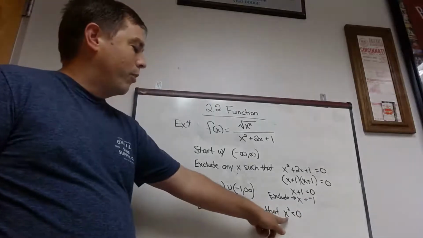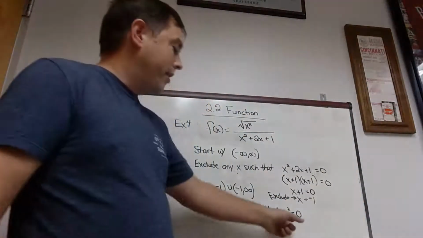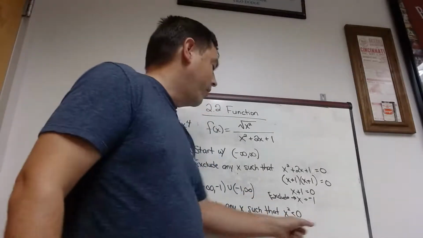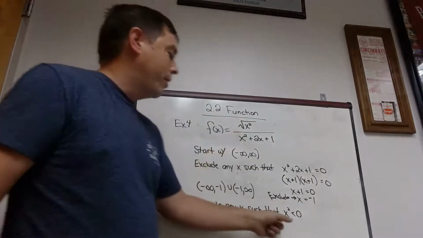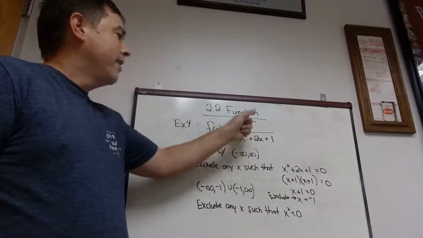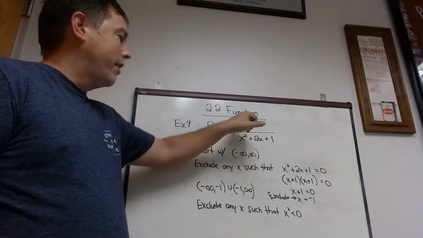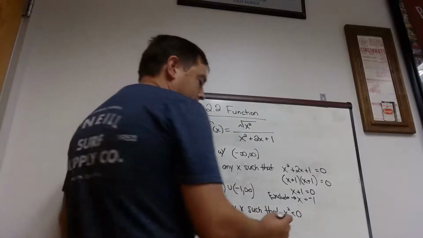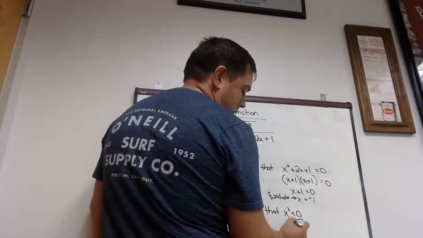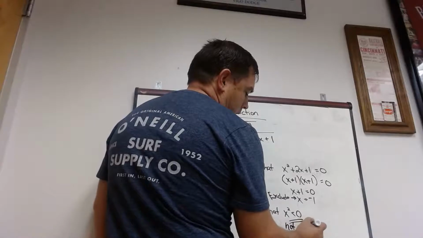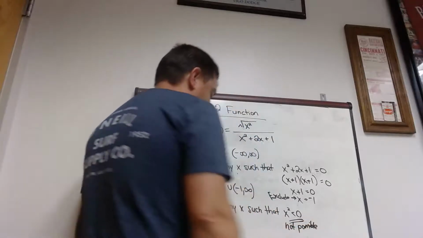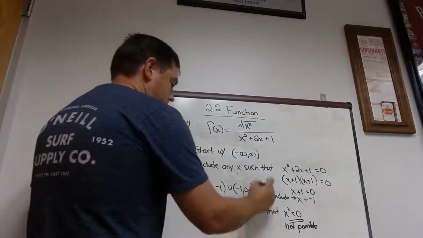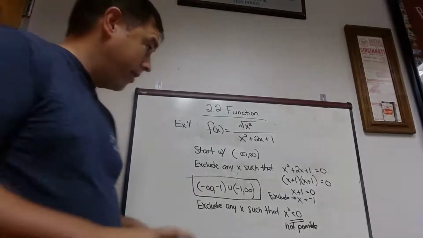And any other number when we square it is going to be positive. All right. And a positive number is always greater than 0. So there will never be a case in this problem where we can think of an x that, when squared, would give us a negative value. So there's nothing to exclude here. All right. This is not possible. So our domain is that value right there.